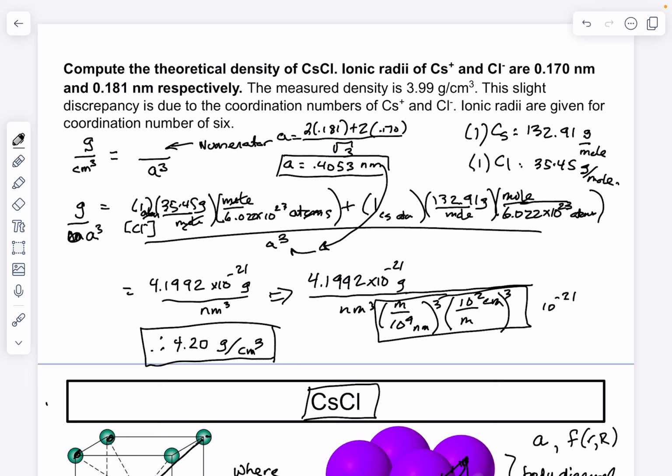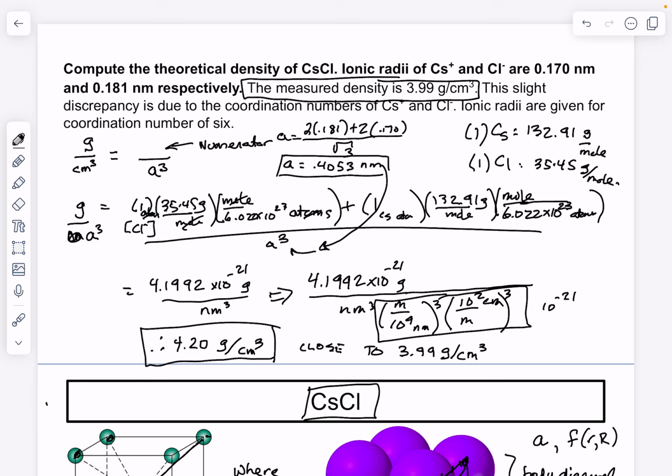I want to harken back to the problem statement. Notice that it tells us that it has a measured density of 3.99. Because our answer is close to 3.99, I find this answer believable. If I had an answer like 8.4, I would say to myself, no, something's wrong here.